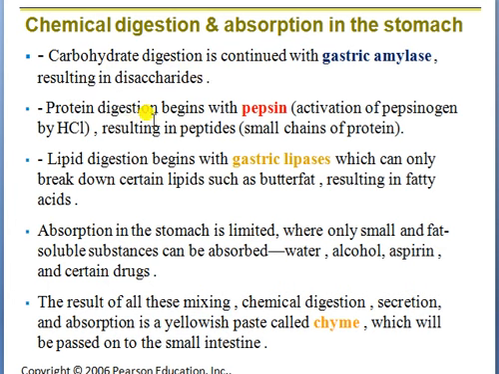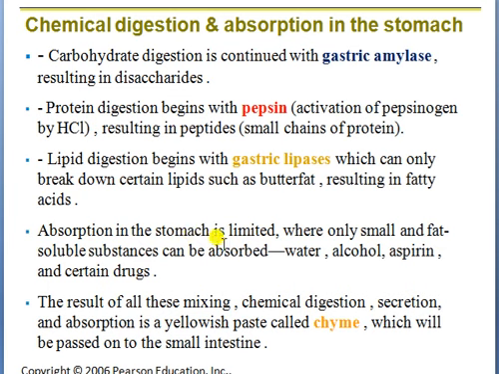Protein digestion begins with pepsin. Activation of pepsin by HCl results in peptides, only peptides, which are small chains of protein. Lipid digestion begins with gastric lipases, which can only break down certain lipids such as butter fat, resulting in fatty acids. So a little bit happens here.